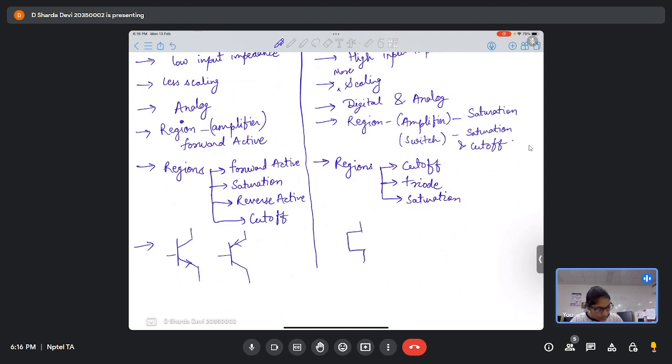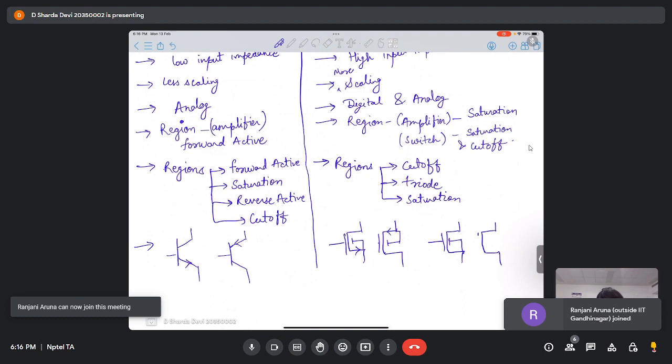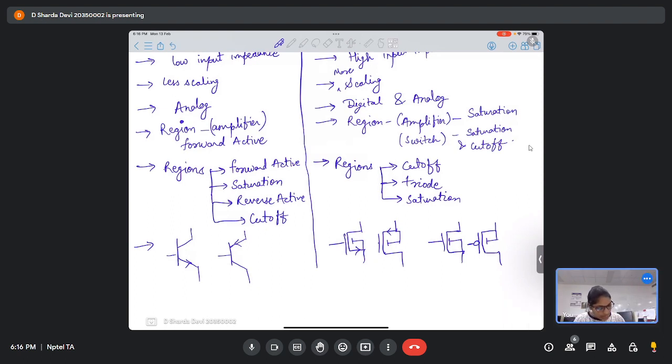And when we talk about MOS, okay. So these are the circuit symbols, right?